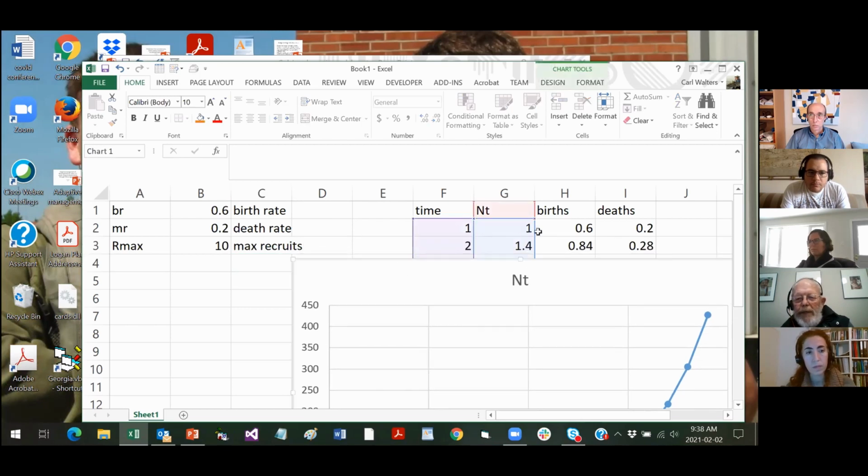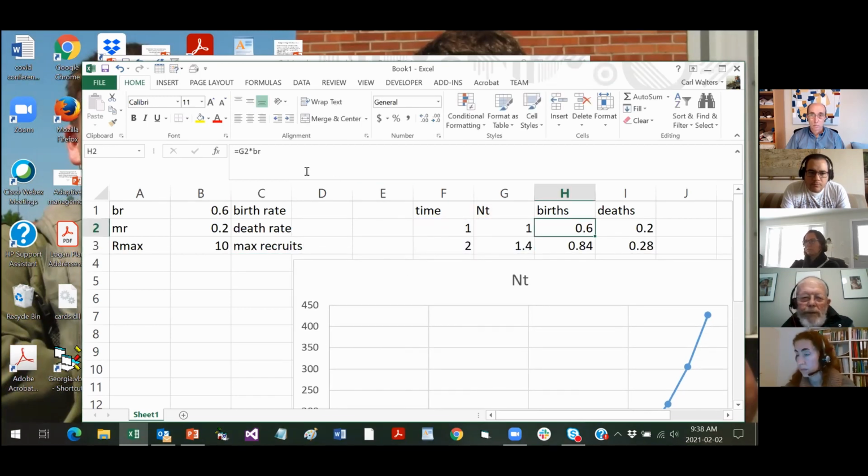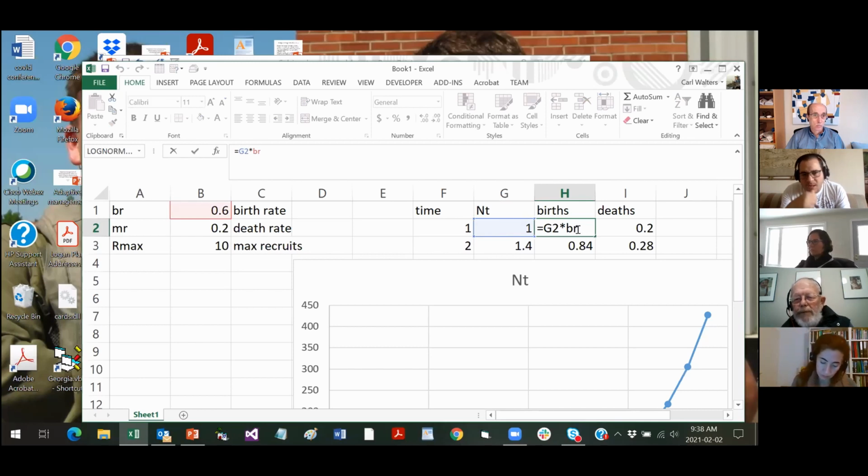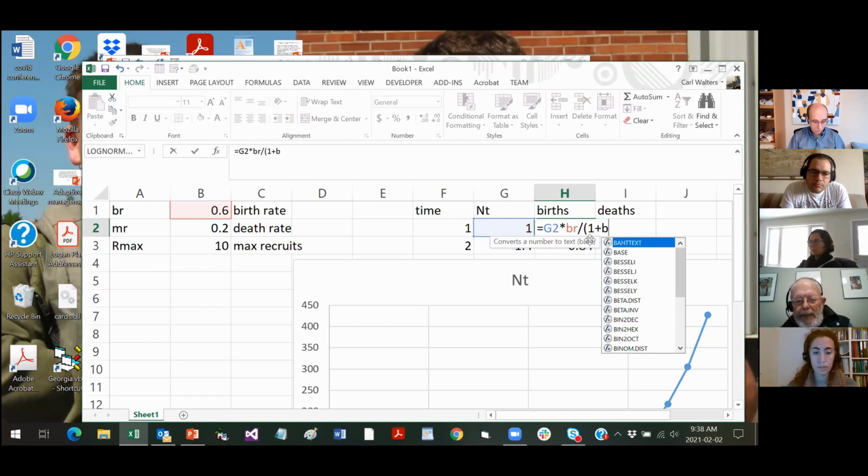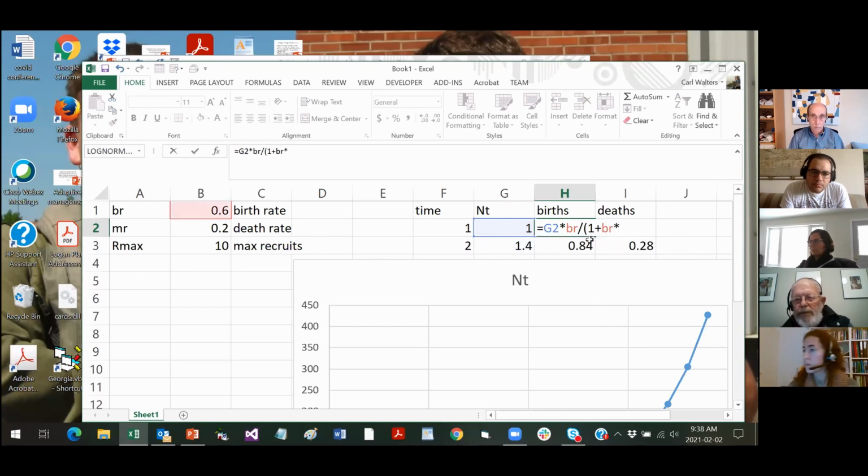And over here, I will change the birth equation from G2 times the birth rate, and I will divide this by parenthesis 1 plus birth rate times G2 divided by R max.